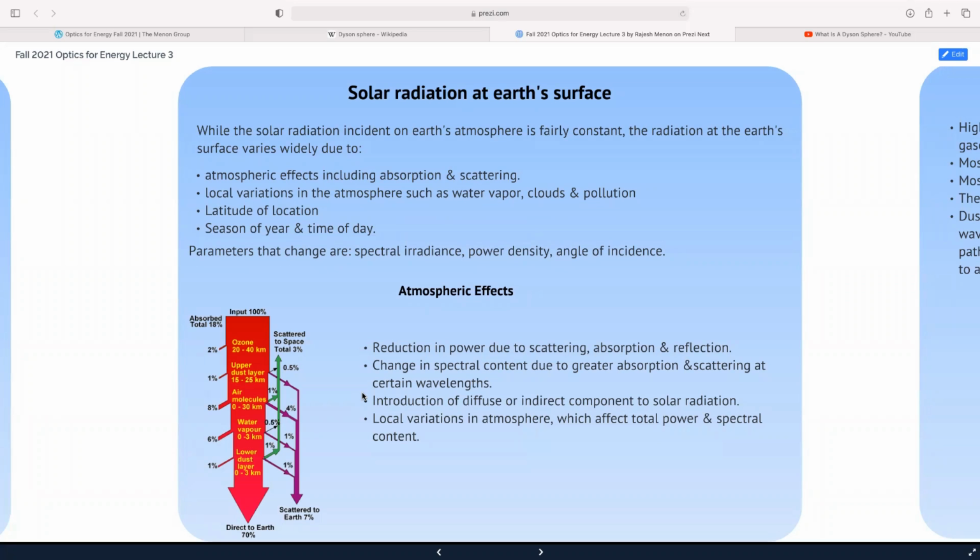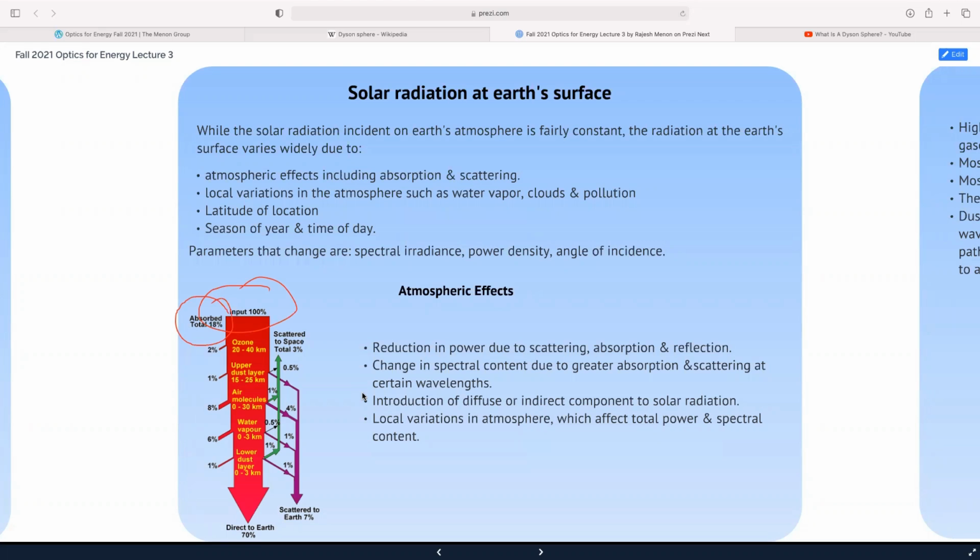we are all aware that the atmosphere absorbs and scatters light. So for instance, if I think about light coming in as 100%, about 18% of the light is actually absorbed in the atmosphere by dust, water vapor, oxygen, nitrogen, and so on.